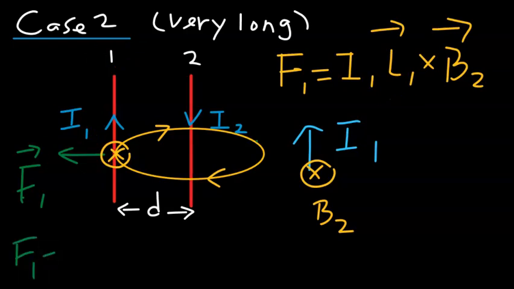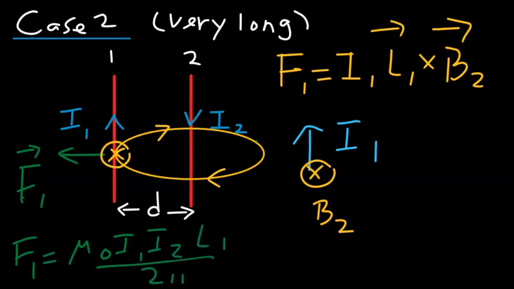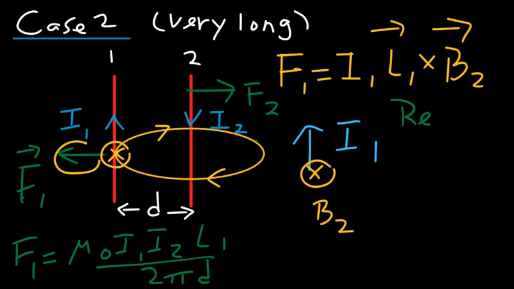The expression for F1 is the same as for F2, given by mu naught I1 I2 L1 over 2 pi d. The only difference now is the direction of F1. F2 was going that way in our previous analysis, and F1 is going to the left, signifying that the force is repulsion in nature. So they repel each other when the directions of the currents are opposite to each other.